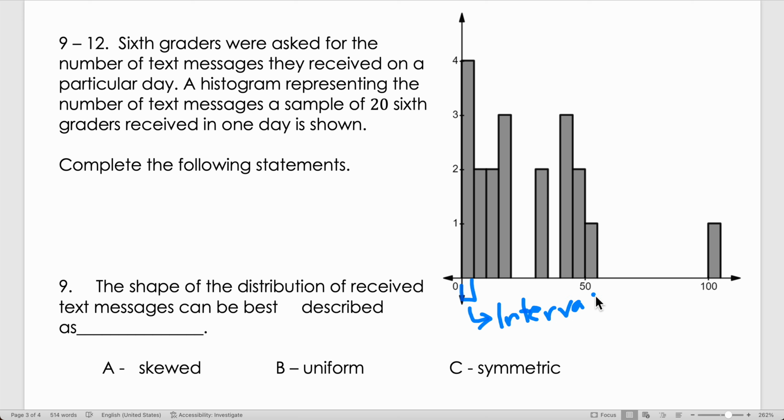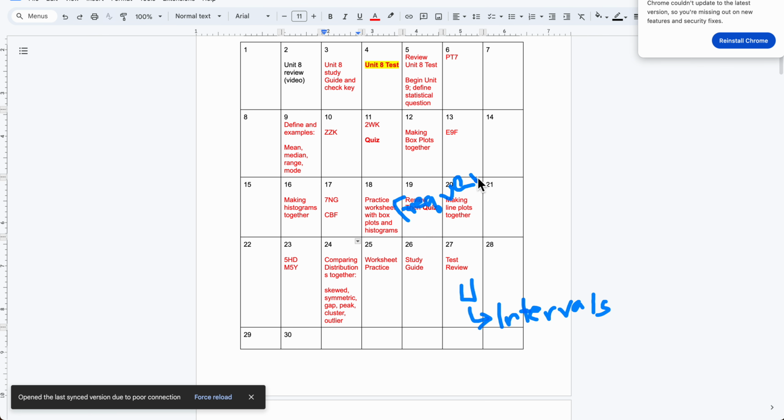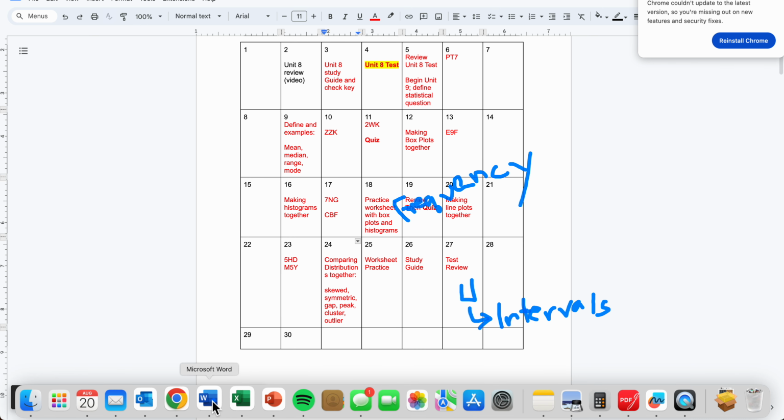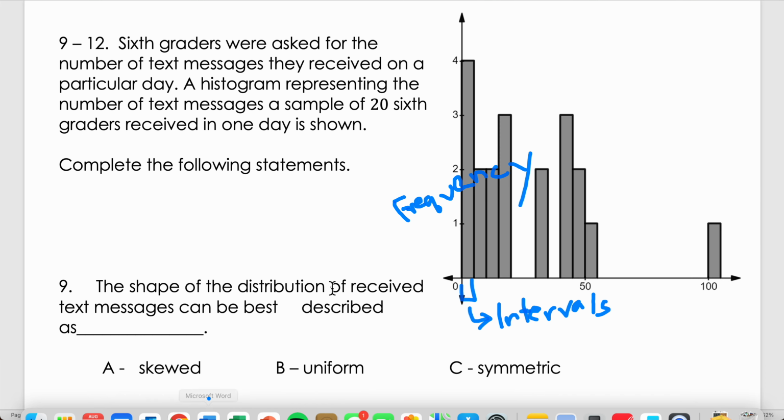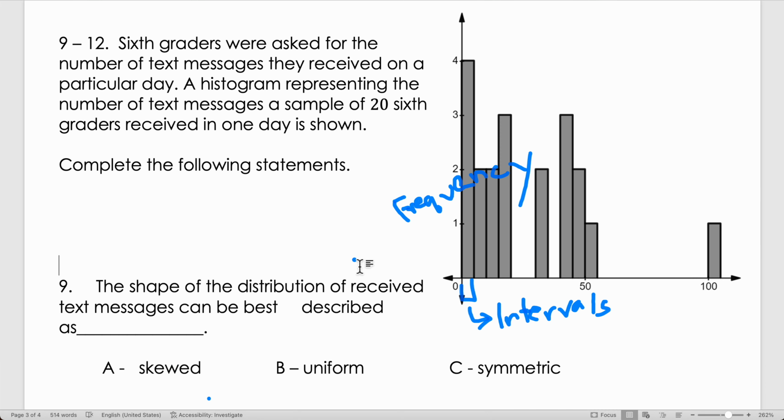And then the other key is knowing it's measuring frequency. So we have intervals, and then we have frequency, which should be this axis.